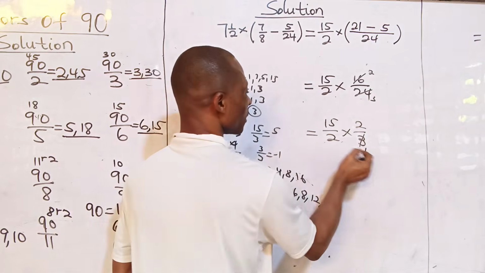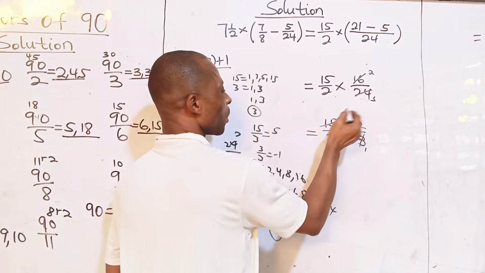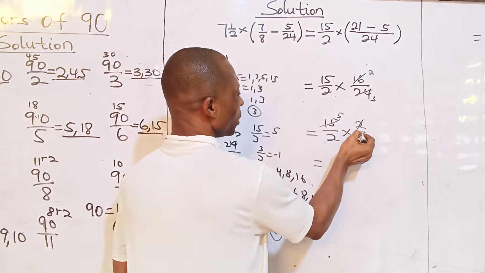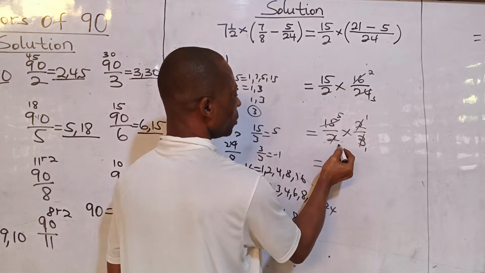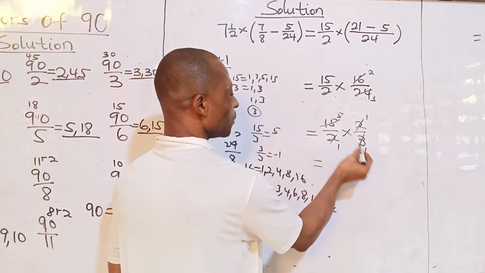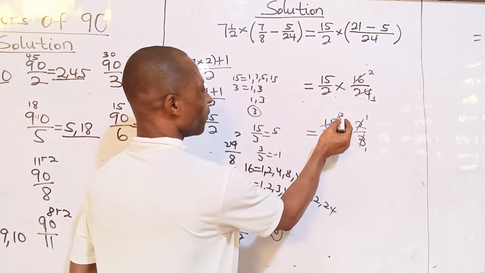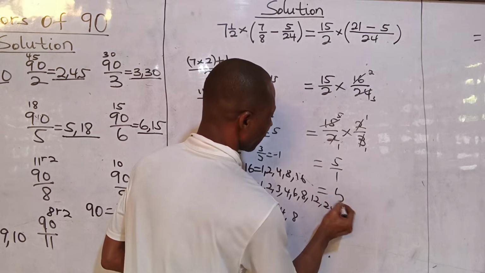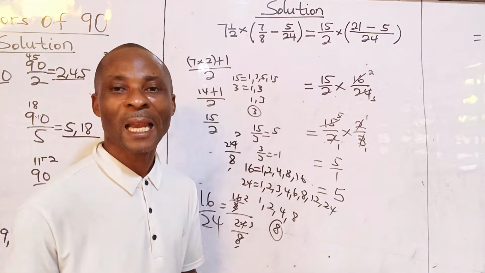Then we check, 2 will divide itself 1 and divide the 2 here 1. 5 times 1 is 5. 1 times 1 is 1. So 5 divided by 1 is 5. So this is the final answer.